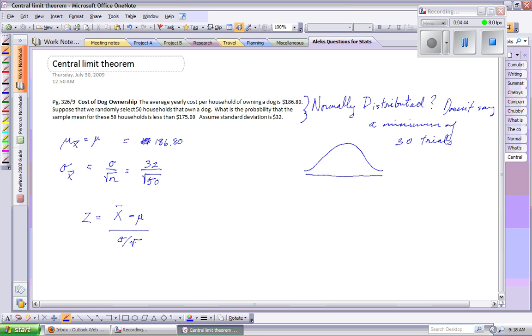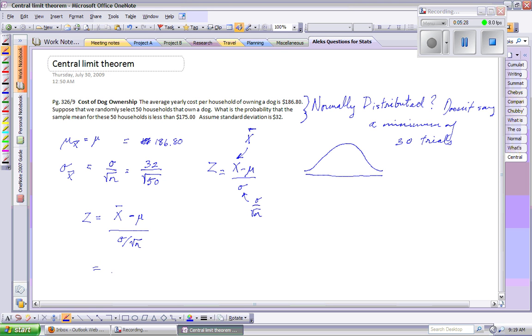Normally z is equal to just this, but when you're talking about sample means, you have to change this to over the square root of n, because we're not looking for one individual value, which would be x. We're looking for the means of the experiment, which is x bar. Okay, so basically you plug in your values, use your calculator, and then you look up the z-score. So let me finish this off, and then we'll be done.